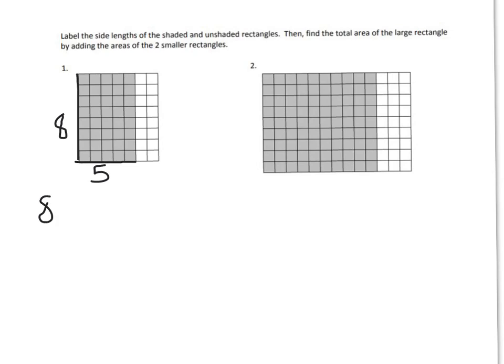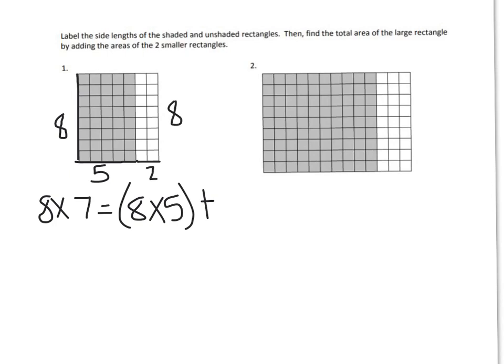So I would start with my original problem, 8 times 7 equals, my first rectangle is 8 times 5 plus my second rectangle, the unshaded, is 2 units here and 8 units here. My length and my width, there's 2 units for my length, there's 8 for my width. So I'm going to say 2 times 8.